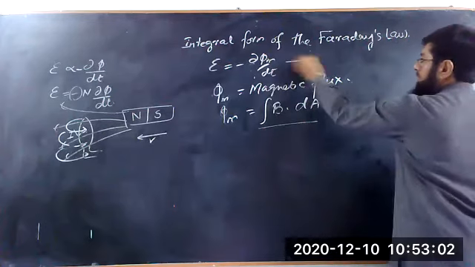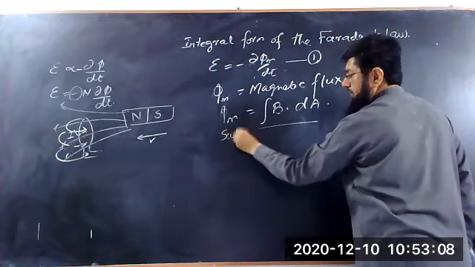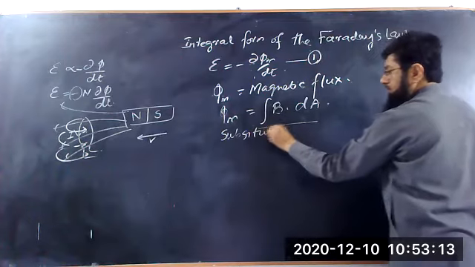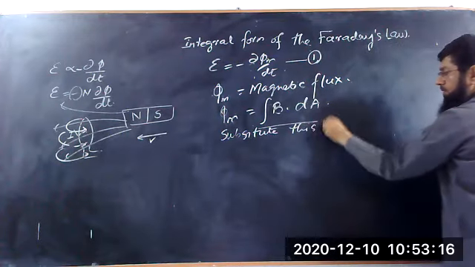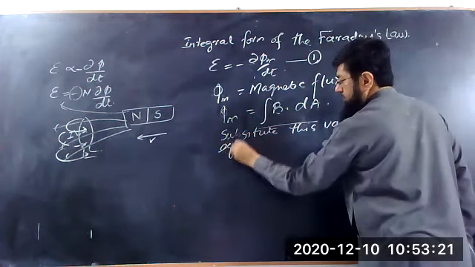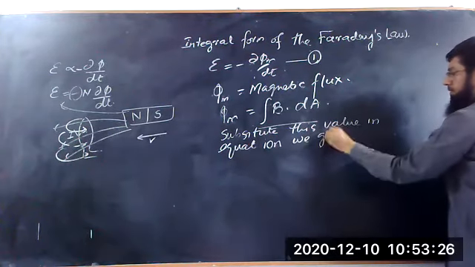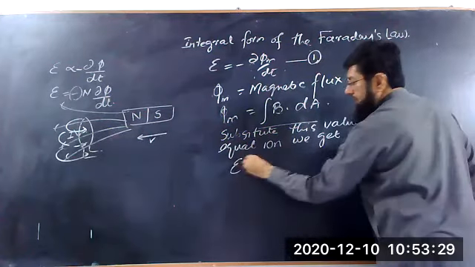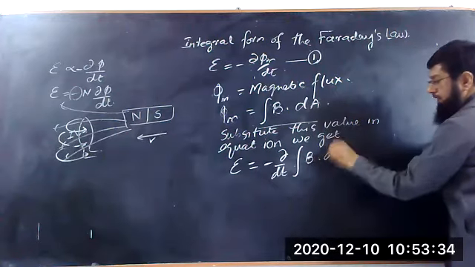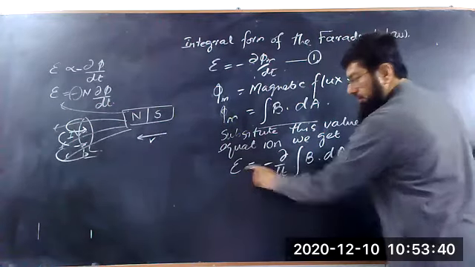If we substitute this value in equation number 1, we get EMF is equal to minus d over dt of the integral of B dot dA. This is known as the induced EMF.